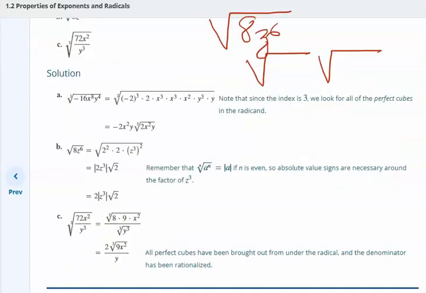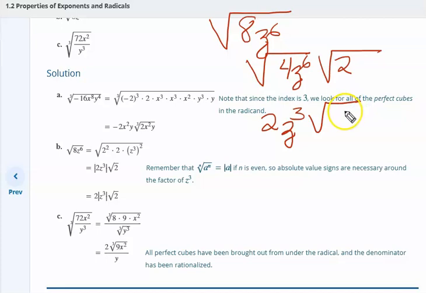For letter B, this is sort of an easy one here, using that technique of what's the largest perfect square factor of 8? And that would be 4, and then a 2, and then z to the 6 is a perfect square. So then we end up with 2 z to the third, the square root of 2.